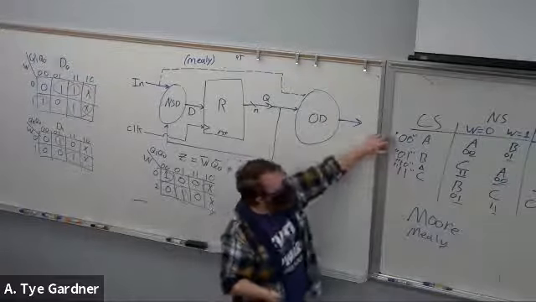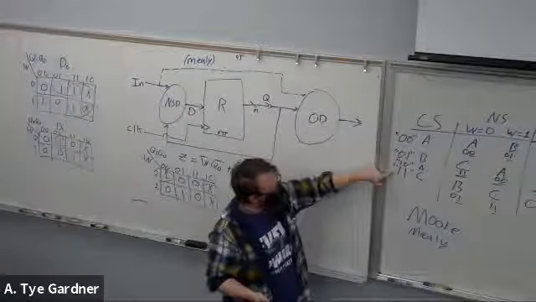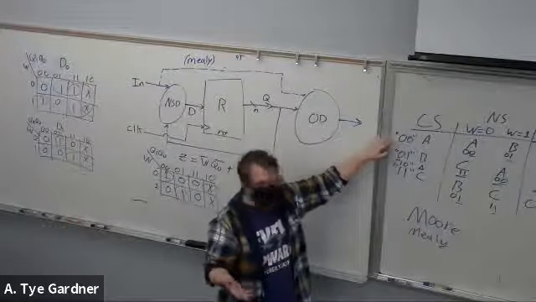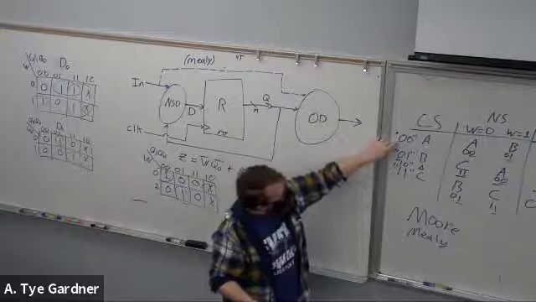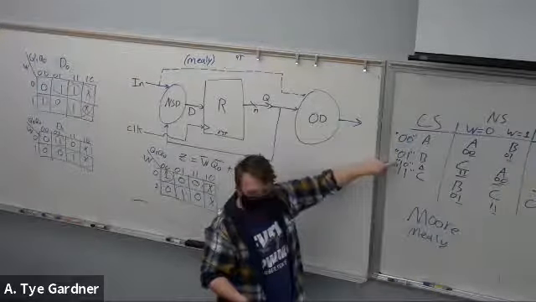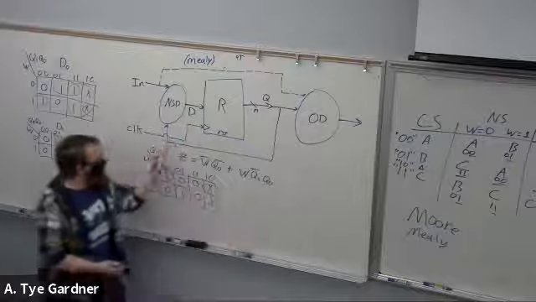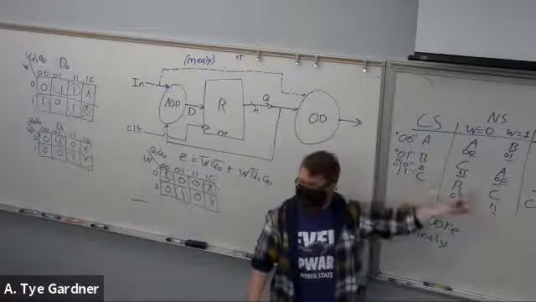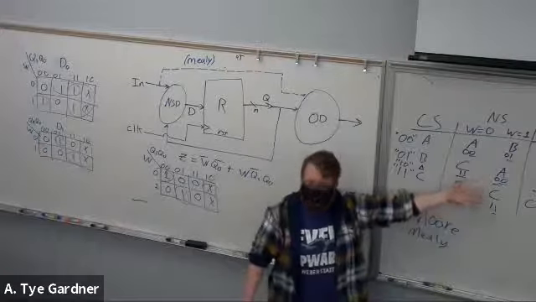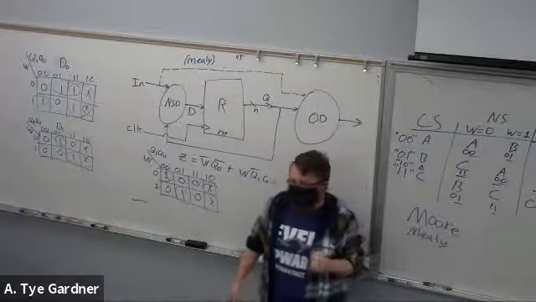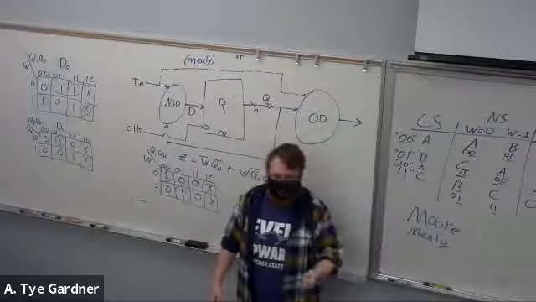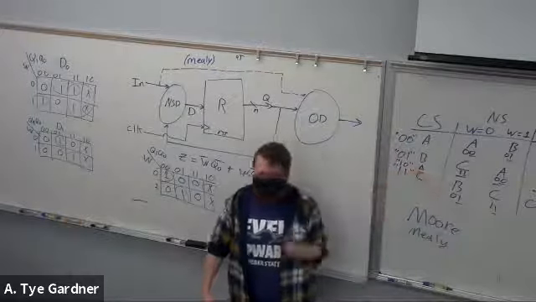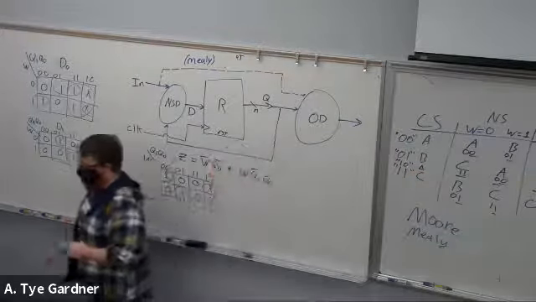But if you had the possibility of going from A to C, and one bit had less delay than the other one, then maybe Q1 switches. Q0 hasn't switched yet, but then the clock happens and we end up in don't care land. That means we have no idea what's going to happen next on the clock. It could stay in don't care land, or it could end up back in a normal state and everything's fine.